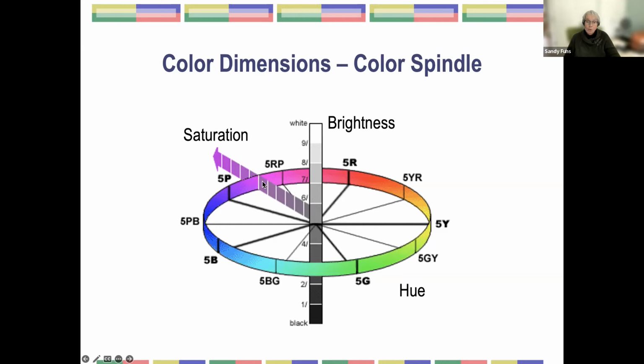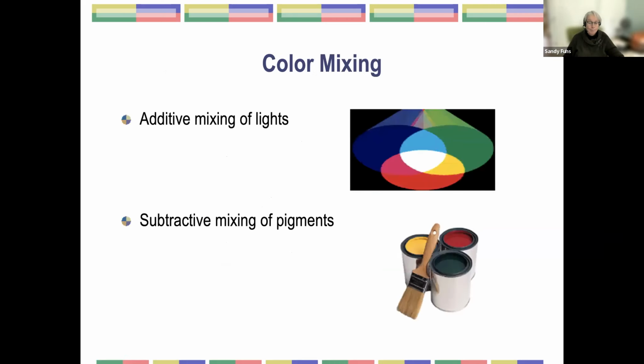And as we go out towards the outer edge of the CD, it would have the intense saturation. As we go around the circle, that's where we get the different hues. So we think of our color wheel, and then we think of a stack of color wheels, and each one of those has a different amount of black to white. So that's a three-dimensional color space so that we can get hue, saturation, and brightness described for each color that we want to talk about.